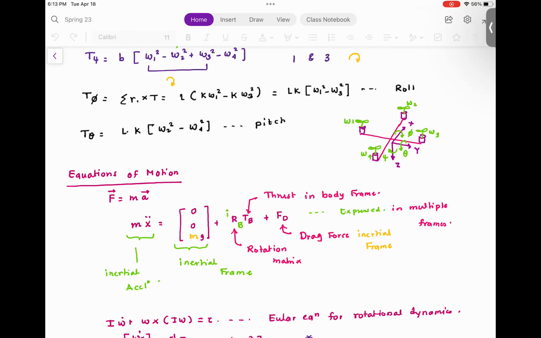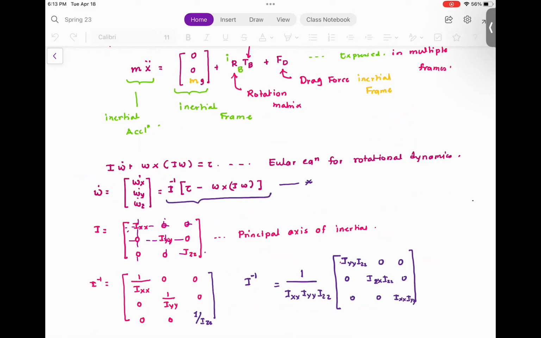The next expression is Newton's law in the rotational coordinate system, and this equation is also called Euler's equation of motion. This is an equation for 3-dimensional dynamics. And believe it or not, these 2 equations are very, very important.